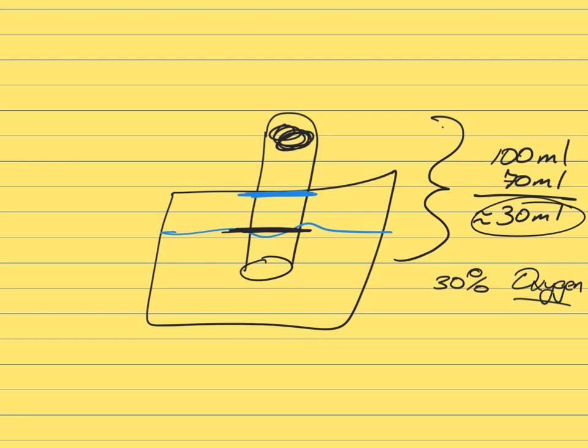So gases create pressure. It's a simple idea that gases fill the air. They fill the space they're in, whatever that space is. They're constantly moving. So that's what a gas is as far as we're concerned at this point.